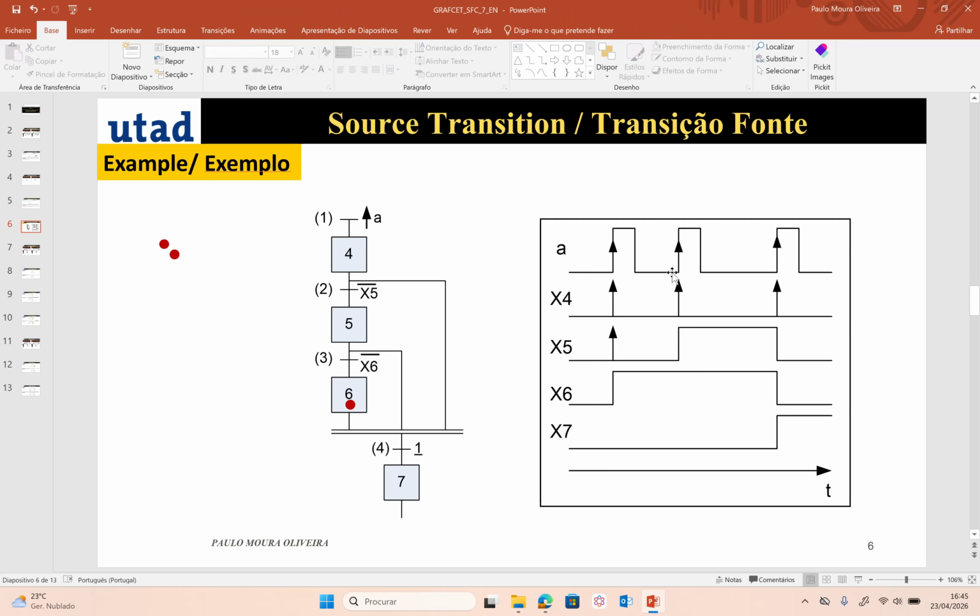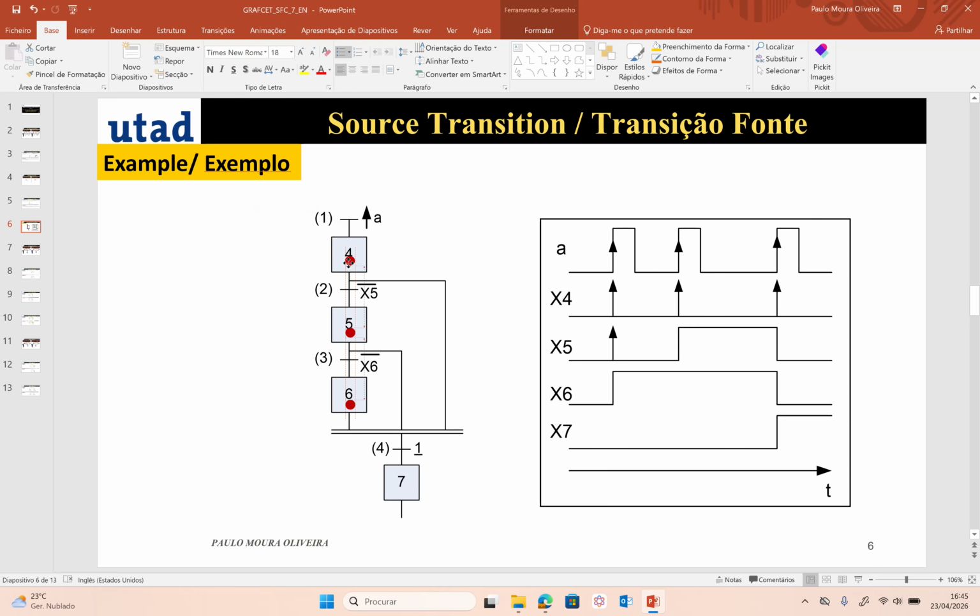The next time A becomes activated, the same thing happens. 4 is activated, and straight away 5 is activated. But now, because 6 already has a mark, the condition is not true, so we get an accumulation of 2 tokens here. This is a particular structure. At the third rising edge, we get the third token here.